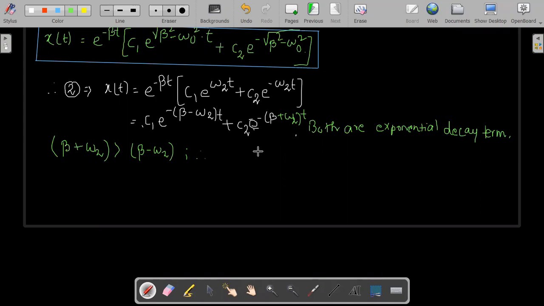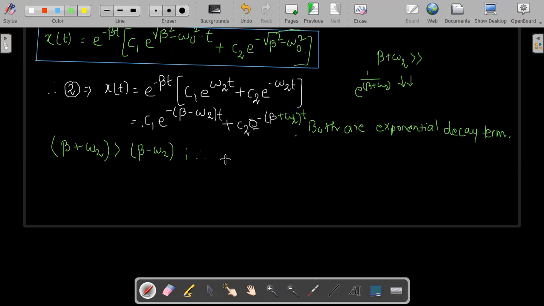So this is going to be at the denominator, and beta plus omega 2 is large. That means 1 divided by e to the power beta plus omega 2 is going to be a very small value. This is definitely going to decay faster if we are comparing both these terms.